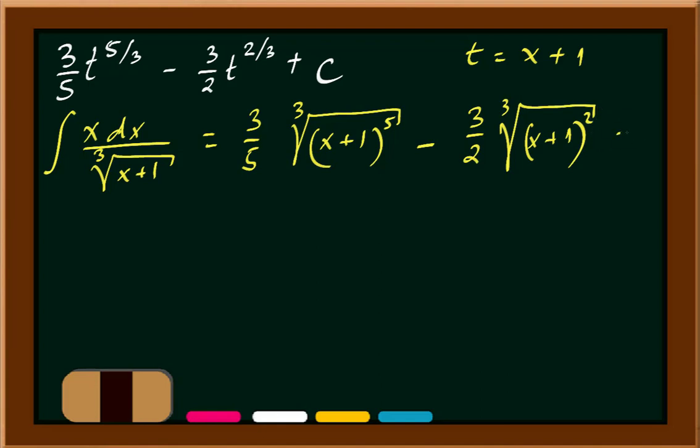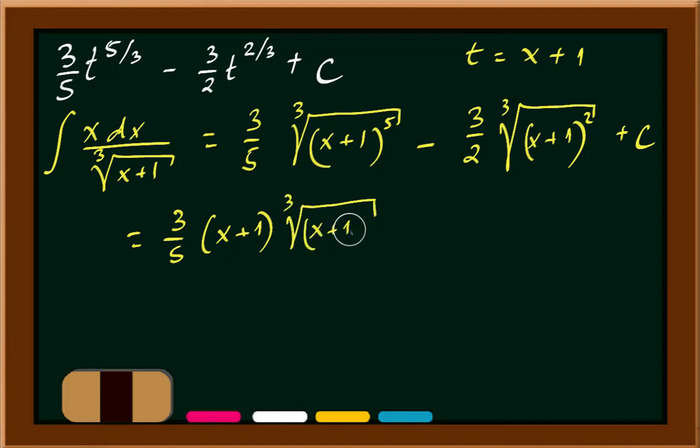Of course, if we get this result, we are already good. This is what we are looking for, but we can put in factors here. We know that 3/5 of the cubic root of x plus 1 to the power of 5, we have the 3rd power there, and we leave the x plus 1 squared inside, because 5 is equal to 2 plus 3.